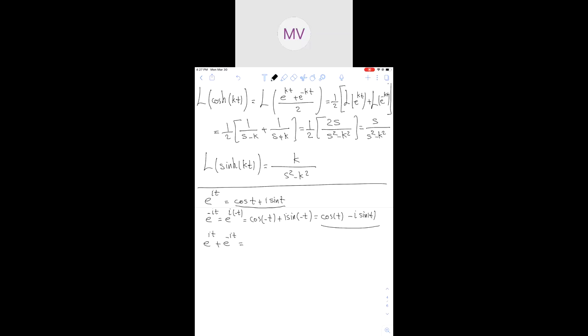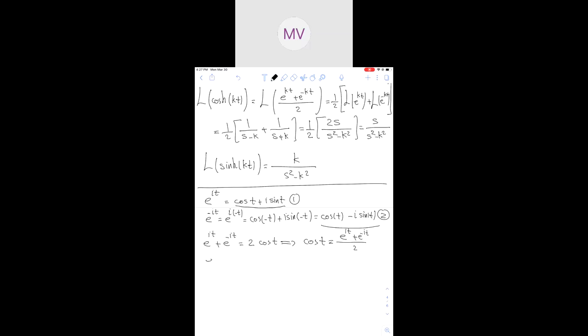I'm not multiplying, Alex. I'm adding them simply. So add these two terms together. Yep, you're going to be left with 2 cosine t. So if you solve for cosine t, it's e to the it plus e to the negative it divided by 2. Some of you might have seen this before.